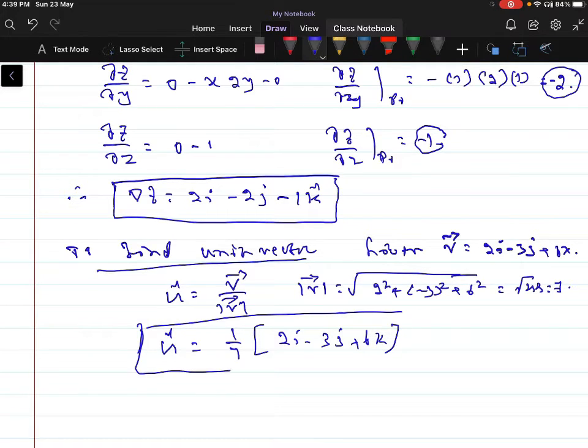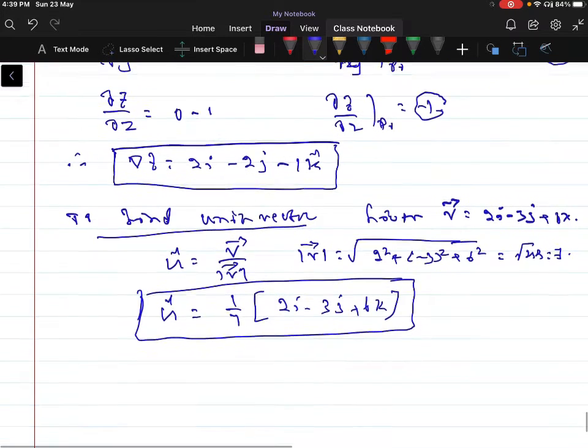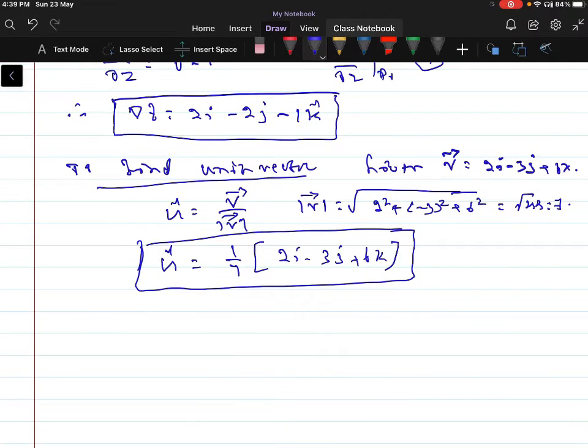Now let us find the directional derivative. The directional derivative of the function f in the direction of unit vector u at the point P naught is equal to the gradient of f dot unit vector u.